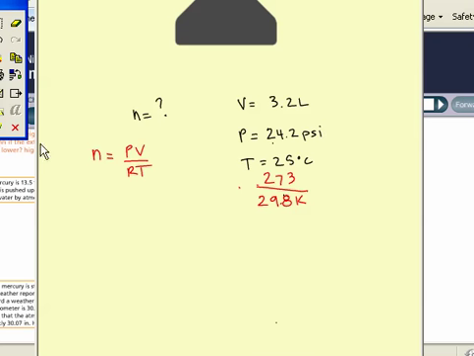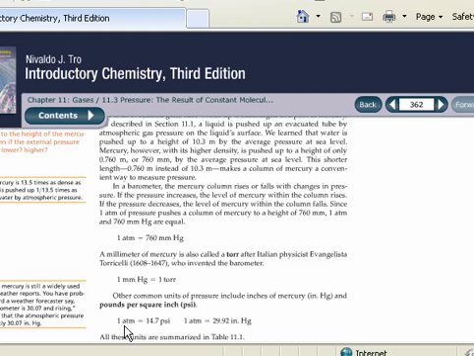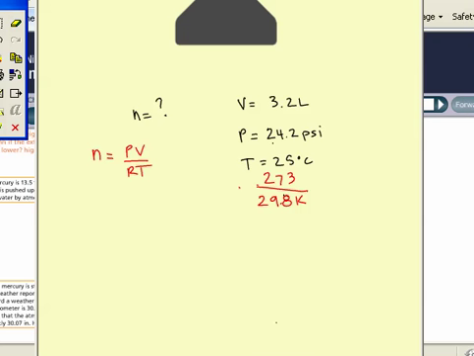atmospheres. So in your textbook, you have a conversion between atmosphere and pounds per square inch. So we're going to go ahead and do that conversion factor right now, do that dimensional analysis. 24.2 psi, and there are 14.7 psi for 1 ATM.